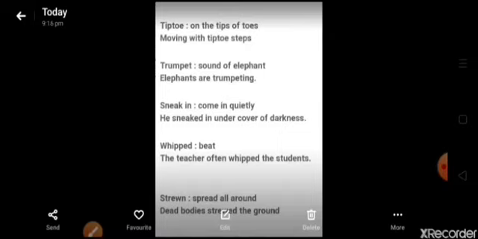Trumpeting: proclaim widely or loudly. Drift: be carried slowly by a current of air or water. Thatched: to make a roof for a building with straw or reeds.